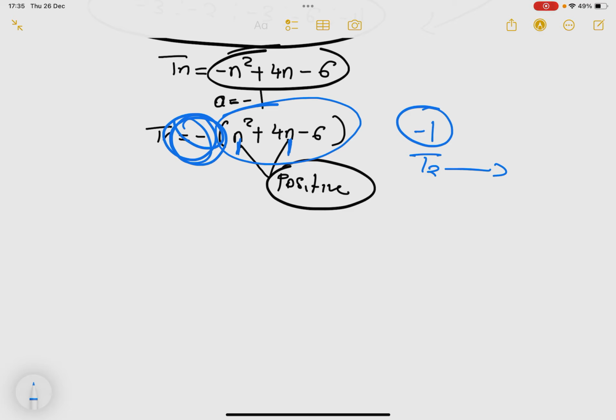So starting from T2, the expression will always be a negative, because any number that you put in for the value of n is always going to be positive. Put 2 here, you're going to get a positive. Put 3 here, you're going to get a positive. Put 4 here, you're going to get a positive.